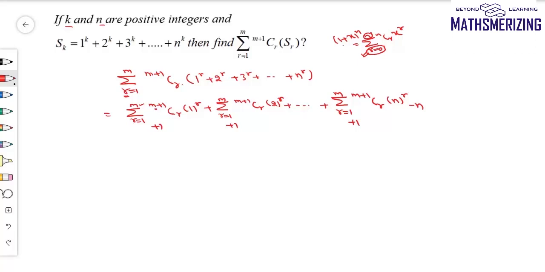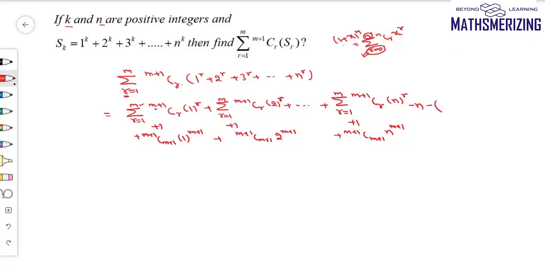And then I'll have to also add this term, which in this case will be the m plus 1th term. So in the first case, I'll need to add m plus 1 C m plus 1, 1 to the power of m plus 1, and then m plus 1 C m plus 1, 2 to the power of m plus 1, and go all the way up to m plus 1 C m plus 1, n to the power of m plus 1.